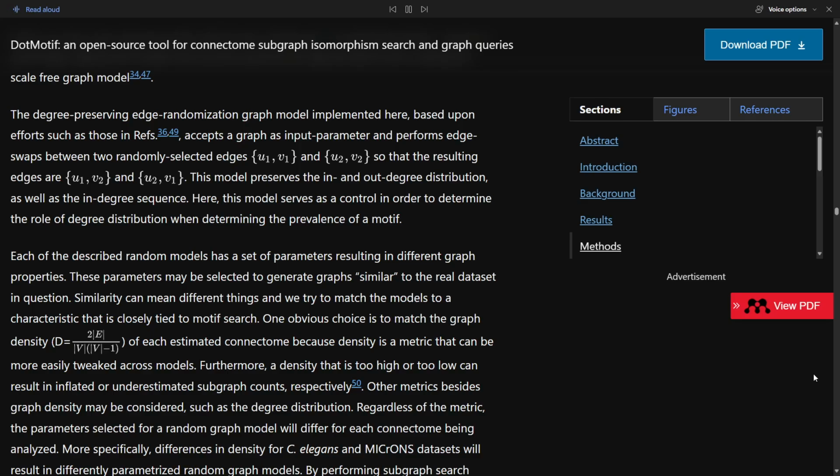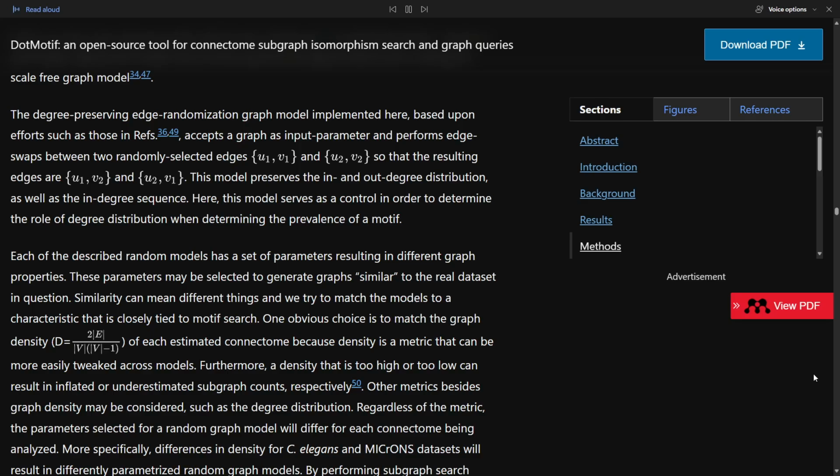Other metrics besides graph density may be considered, such as the degree distribution. Regardless of the metric, the parameters selected for a random graph model will differ for each connectome being analyzed. More specifically, differences in density for C. elegans and MICrONS datasets will result in differently parametrized random graph models.